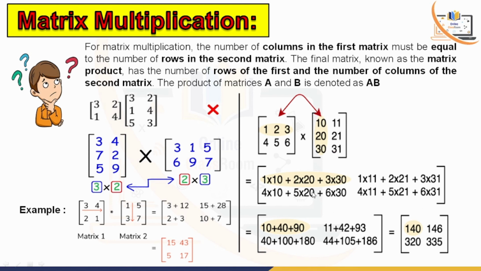Look, the corresponding order of the matrix is 2 by 2. And if you simplify it, you get the corresponding result as 140, 146, 320 and 335. So that is the main idea of matrix multiplication, and you can apply this particular idea in any kind of example.